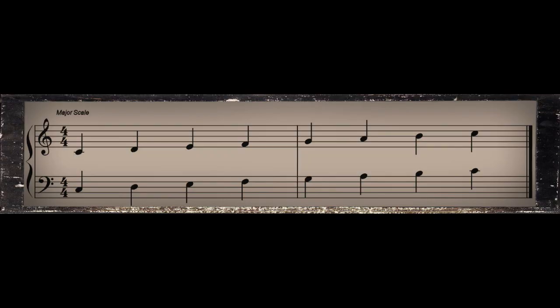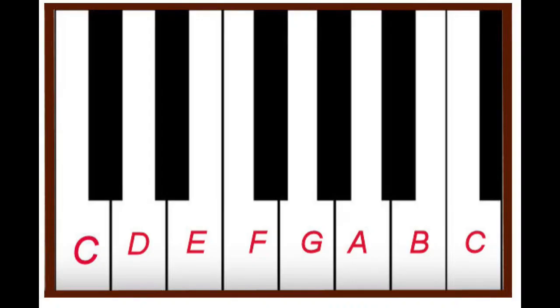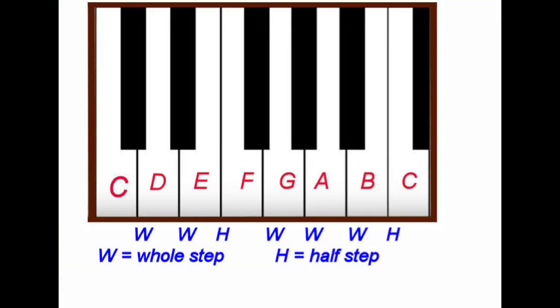Let's start with a C major scale. C is a good place to start because the C scale uses no sharps or flats. On the piano, there are no black keys in the C major scale. The pattern for a major scale goes like this. A whole step, whole step, half step. Notice there is no black key between E and F. That's because those notes are only 1 half step apart.